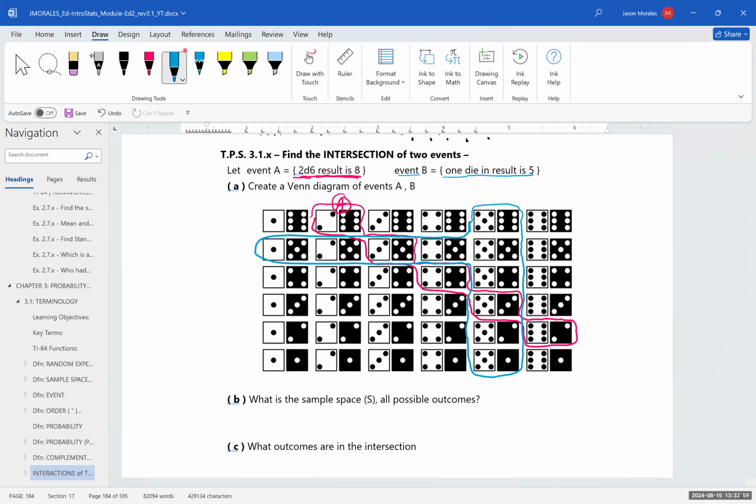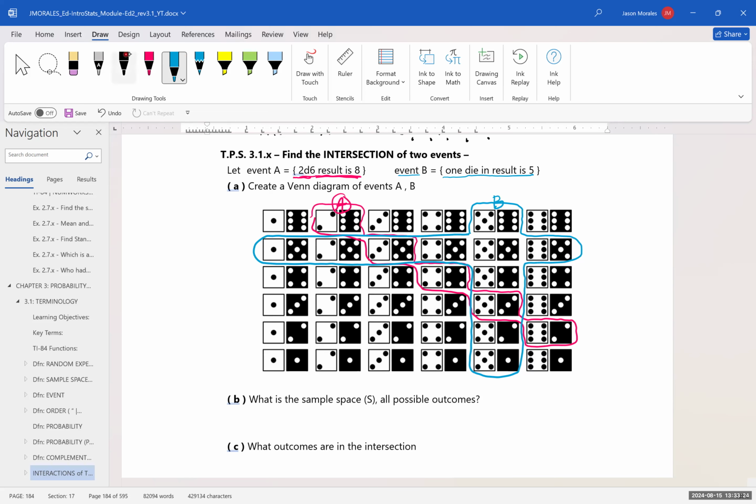And actually, I need to redraw that because here the white die is a 5 and here the black die is a 5. So it's actually going to be shaped like this. There we go. And that is event B.